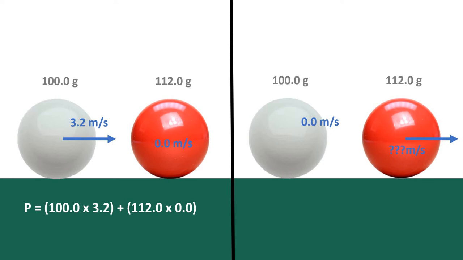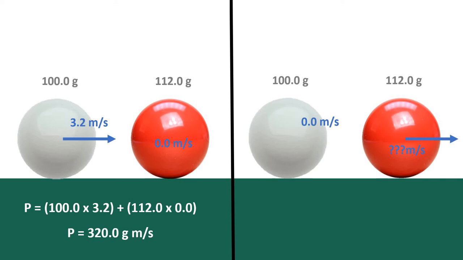So because the red ball has no momentum, we're simply multiplying 100 grams by 3.2, giving us a total momentum within this system of 320 grams meters per second. So that is the momentum in our pre-collision system. And we know that this will be the same, due to the law of the conservation of momentum, in the post-collision system. So how then can we work out velocity?